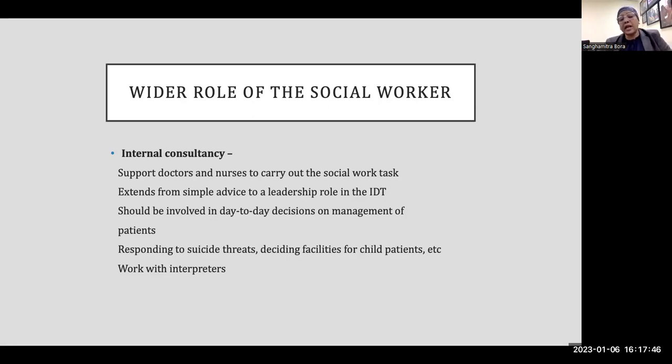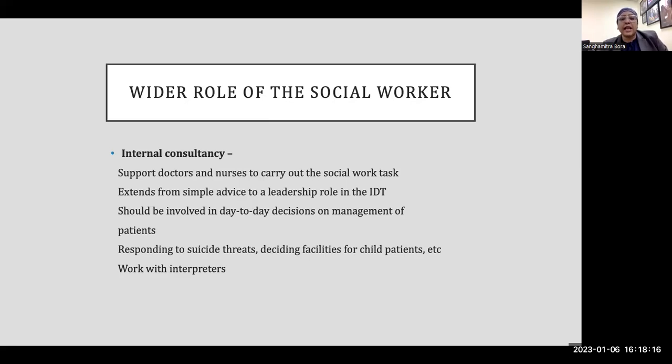Responding to suicide threats. I remember an incident where there was a frantic call from a neighbor of a patient, and it was an unknown number on the helpline, and the nurse who had the phone was busy with one of the other patients and unable to take the call.